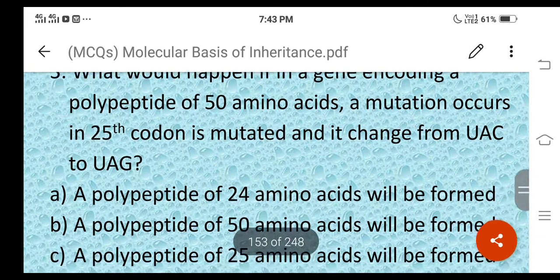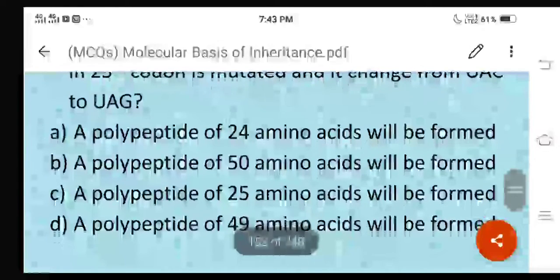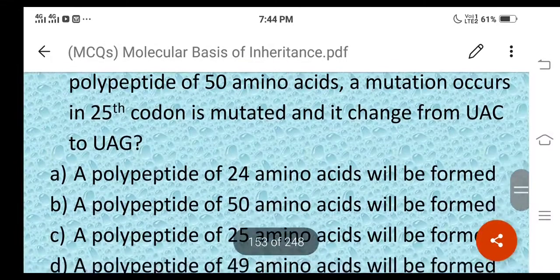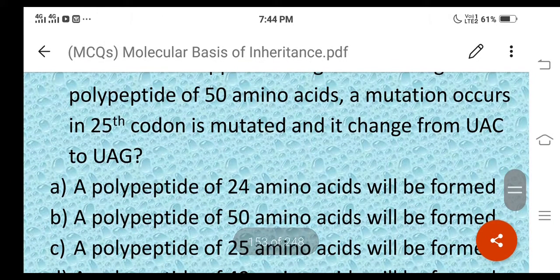What are the different options here? A polypeptide of 24 amino acids will be formed, next a polypeptide of 50 amino acids will be formed, next a polypeptide of 25 amino acids will be formed, and the last option is a polypeptide of 49 amino acids will be formed, right? According to the question, option A is the correct answer.